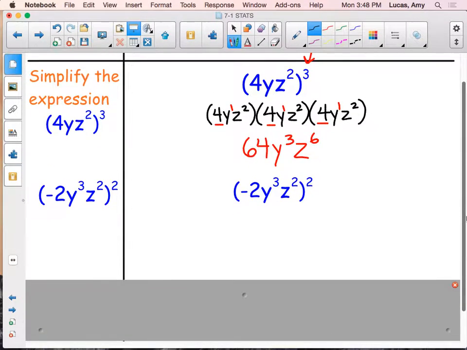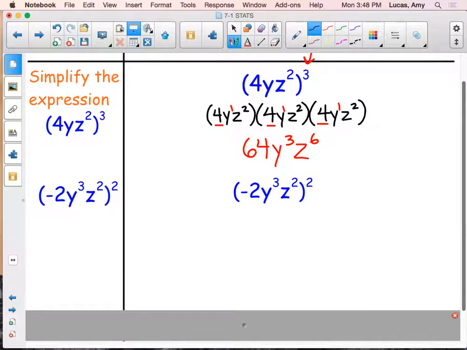This next one, my exponent on the outside is 2. If I want to use the shortcut here, I could distribute this 2. So that's what I talked about at the beginning, distributing to everything inside. Here's what that would look like. Negative 2 squared, y to the 6th power, and z to the 4th power.